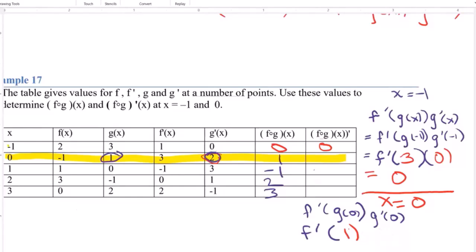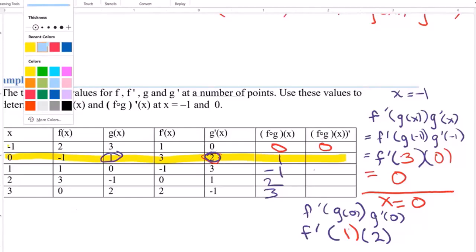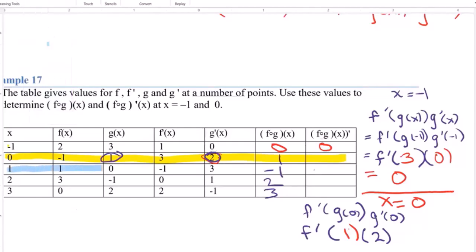G prime of 0 is 2. But now what's f prime of 1? Well, now we have to go to a different line, because when x is 1, we're on this line. So f prime, which is this column, of 1 is equal to -1 right here. So this is equal to -1 times 2, which is equal to -2.